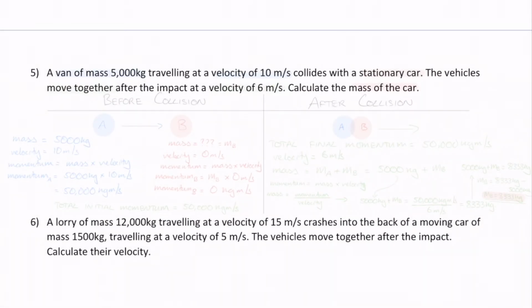Let's jump to part 5. So again, let's read the question and highlight the relevant information. A van of mass 5,000 kilograms is traveling at a velocity of 10 meters per second. Let's call this van object A and highlight its information in blue.